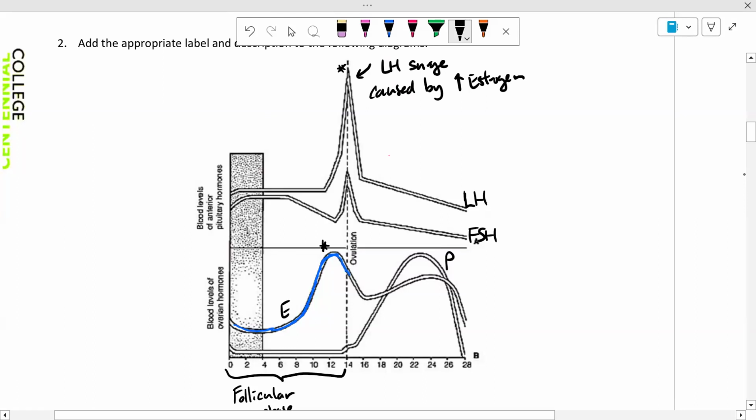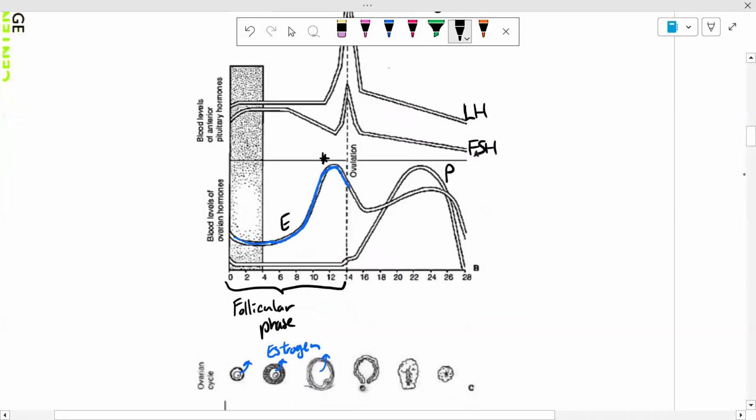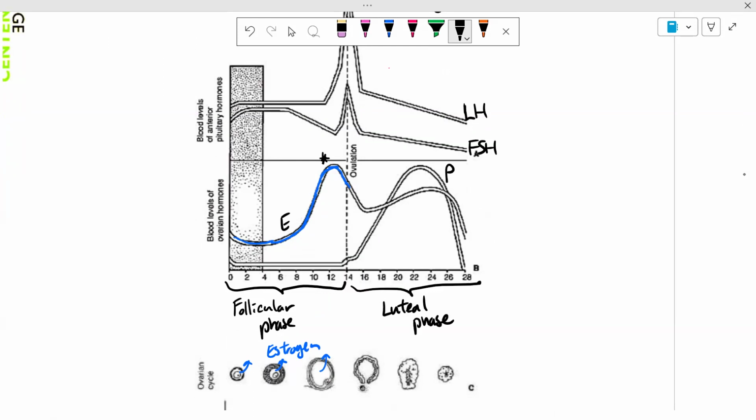But as soon as the LH surge occurs, as soon as the ovulation happens, then estrogen drops a little bit because the follicle is no longer there, right? We're done with the follicular phase, so that's why the estrogen drops a little bit. And then over here, the next 14 days, we have the luteal phase, which is dominated by the corpus luteum.